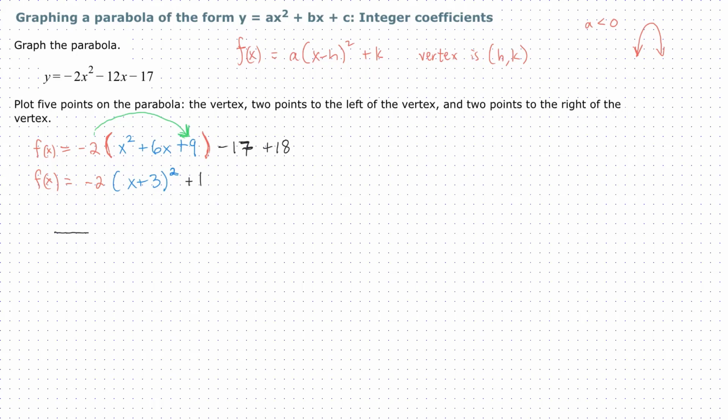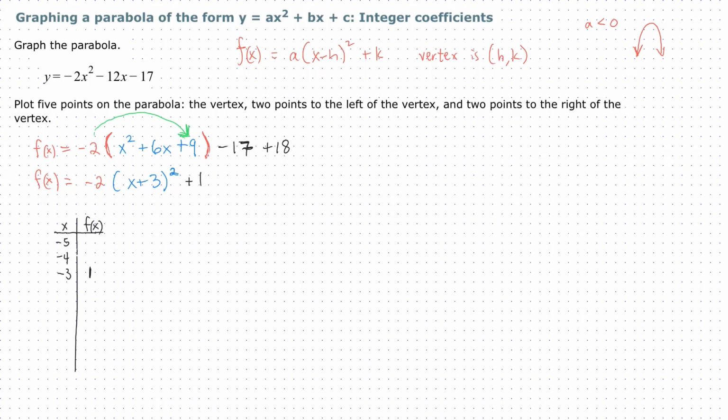Now let's get some ordered pairs here. Let's get 5 ordered pairs, and let's identify the vertex. The vertex is actually negative 3, comma 1. And of course, we need 2 ordered pairs left of that. So why don't we try negative 5 and negative 4?